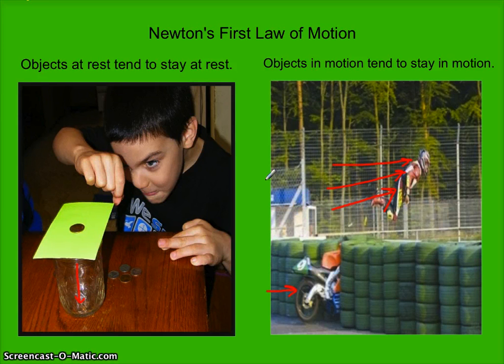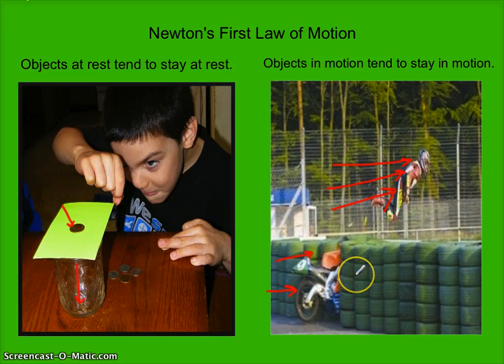But anyway, that is Newton's first law of motion. There is little difference between an object at rest and an object in constant velocity. So this coin that is just sitting there and this motorcycle, which may be going at constant velocity, they need an unbalanced force to make it move.